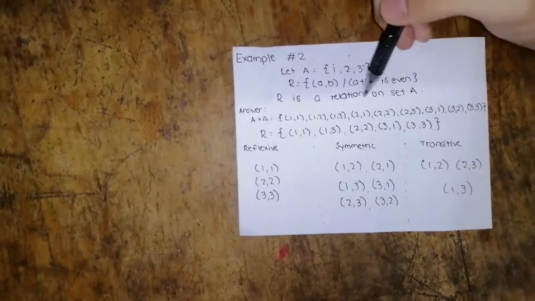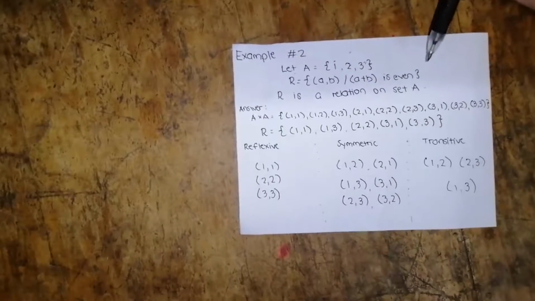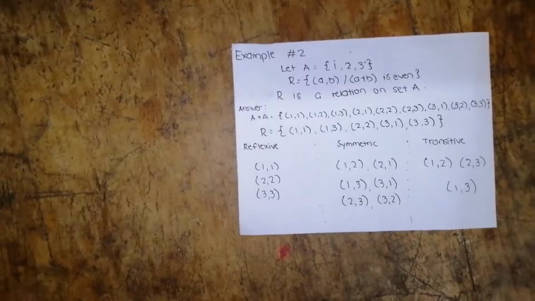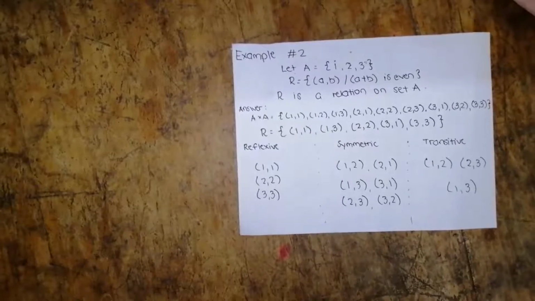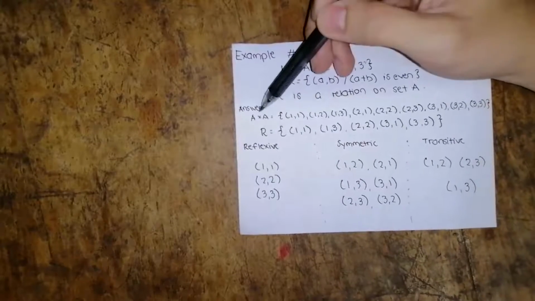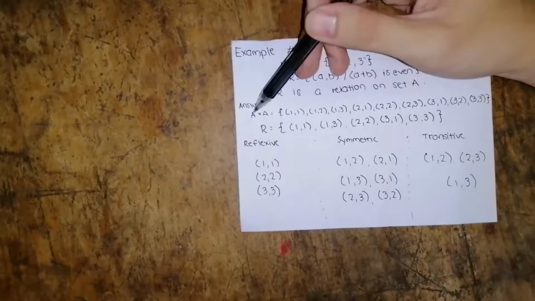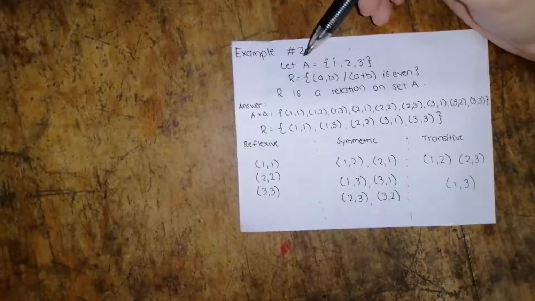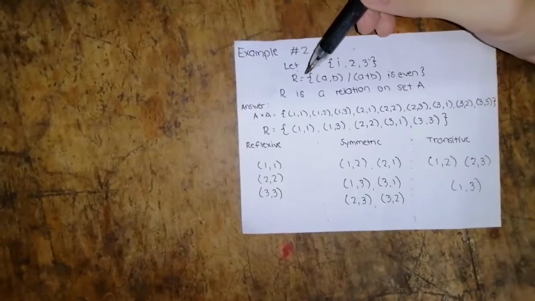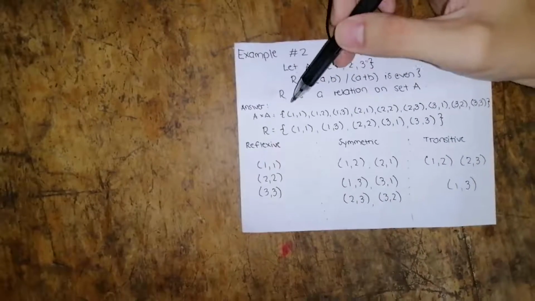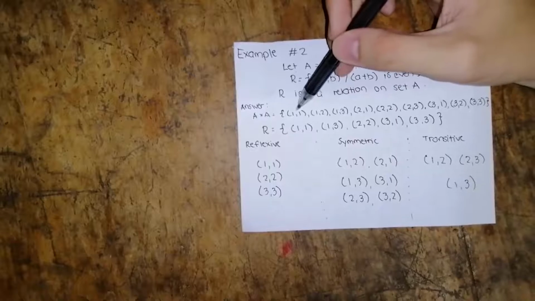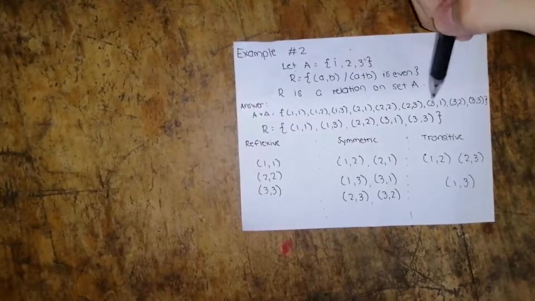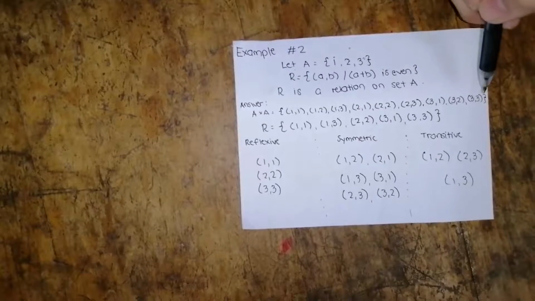Relation R is a relation on set A. So before we can get the set of ordered pairs of relation R, we must find the Cartesian product of set A. The Cartesian product A and A is 1,1; 1,2; 1,3; 2,1; 2,2; 2,3; 3,1; 3,2; and 3,3.